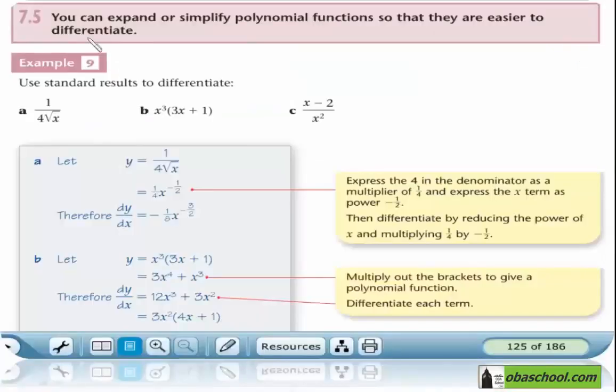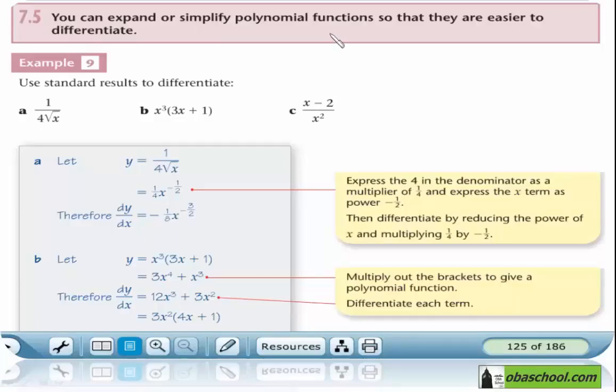On page 125, we can read: you can expand or simplify polynomial functions so that they are easier to differentiate. Then, if we have a polynomial function, we can expand it or simplify it so it becomes easier for us to differentiate and to find f prime of x.